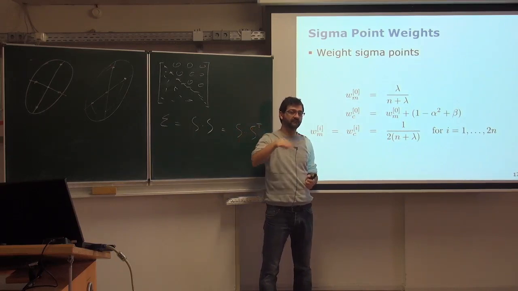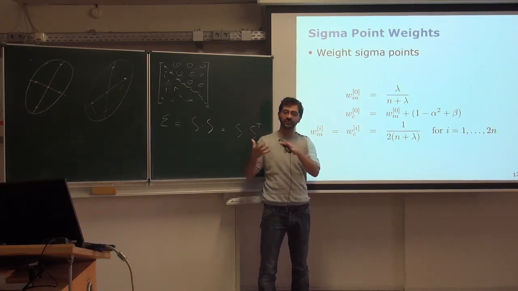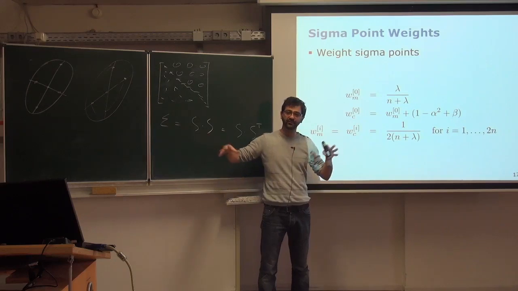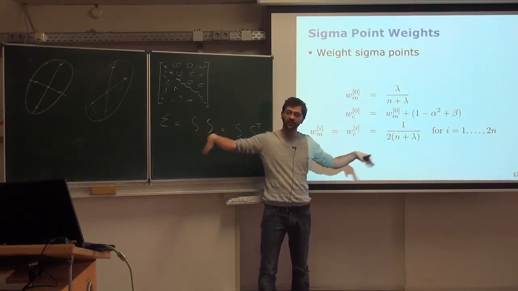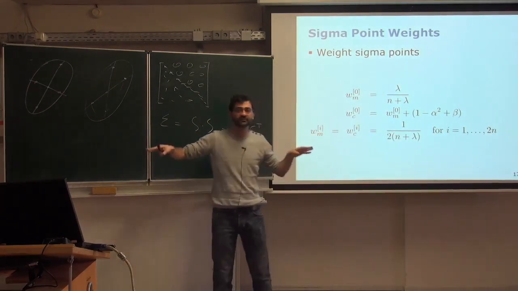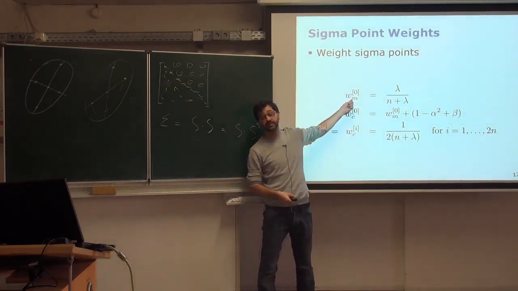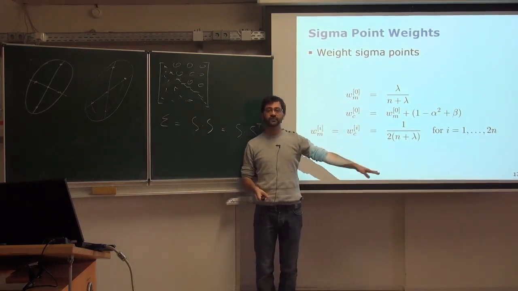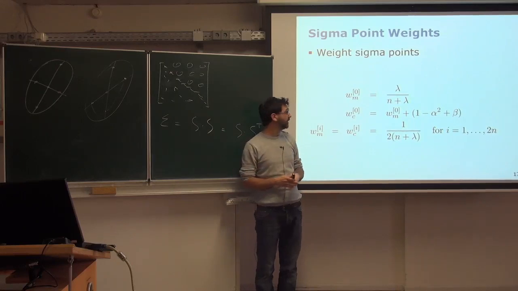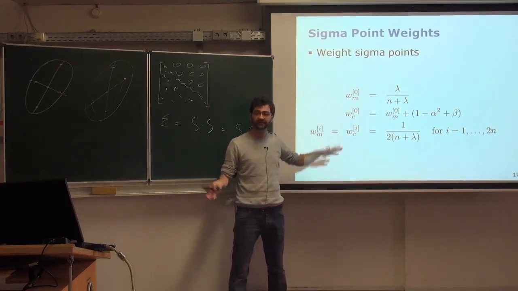I guess mean and covariance are clear, but there are other higher order statistics: the skewness, which tells you how symmetric a distribution is, and the kurtosis, which tells you how fat the distribution is towards points far away from the mean. These two terms account for what's called excess kurtosis. If you remove them, and take the weights for the covariance the same as for the mean, you will not consider these higher order terms and will only consider the first two moments. But that's how the filter is defined.